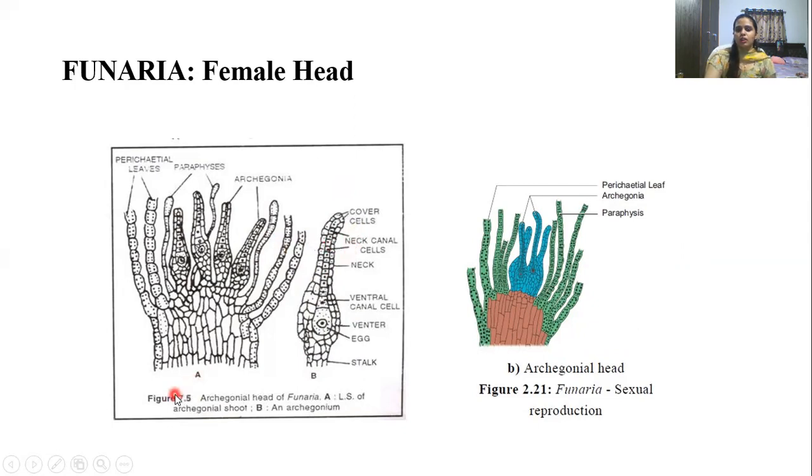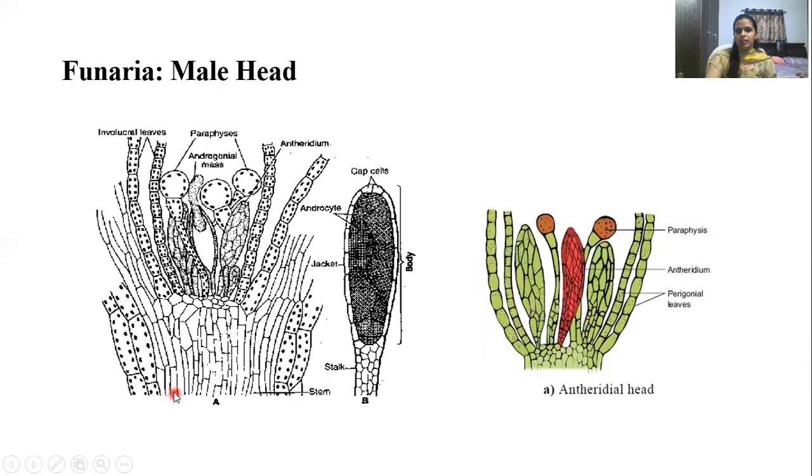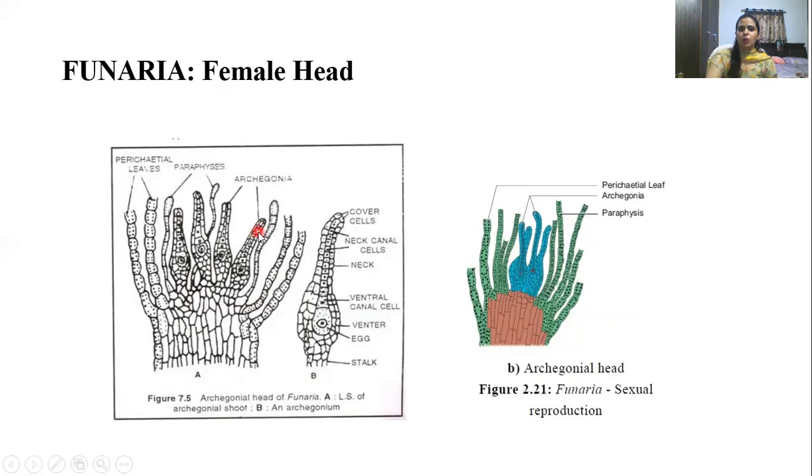Now, after the cap cells of the male head are disintegrated, it produces biflagellated sperms. Now what happens? Due to chemotactic movement, this biflagellated sperm will enter through the tip of the archegonium.